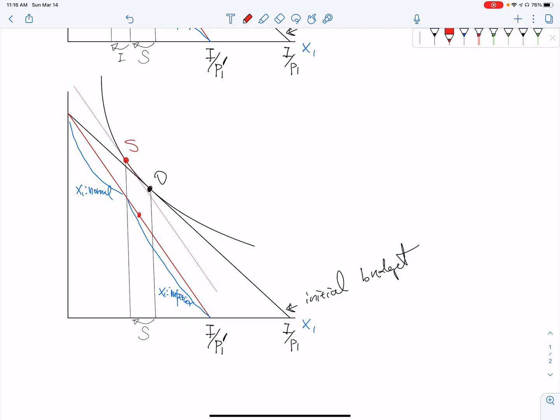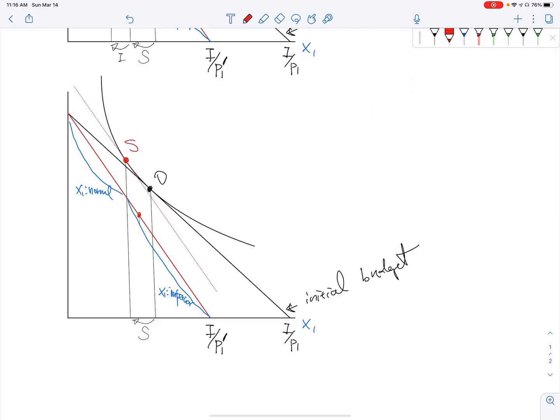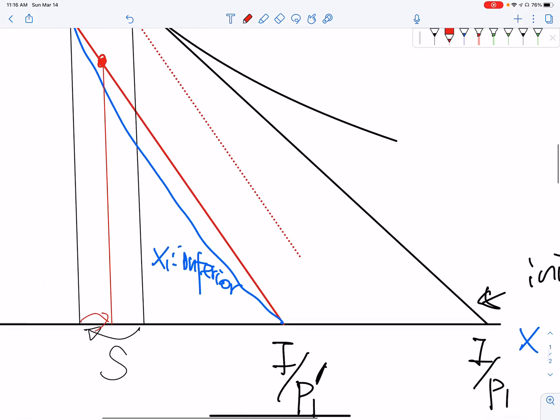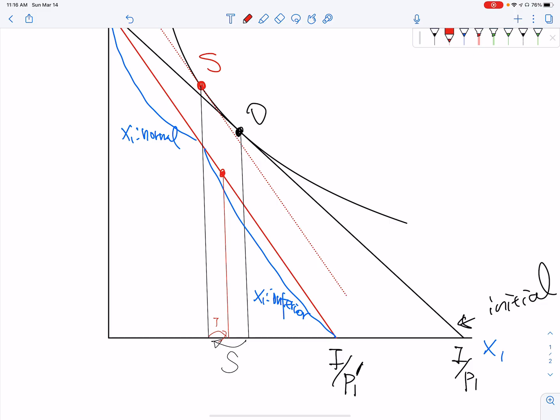So that means X1 is the inferior good. And the optimal decision goes to here. So that means the income effect is here.